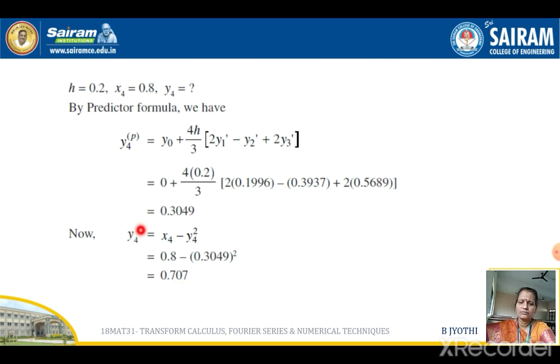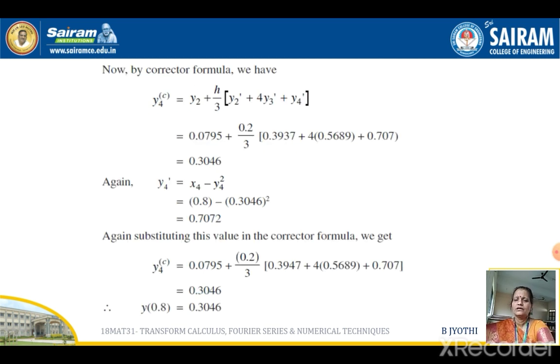So, when I apply the next modification, the formula will change as y0 plus h by 2 into f of x0 y0 plus f of x1 y1 of 1. Here the same formula except y1 of 0 is replaced with y1 of 1.